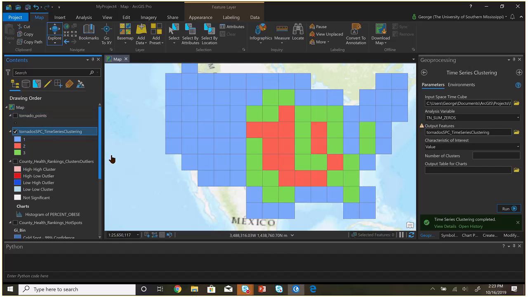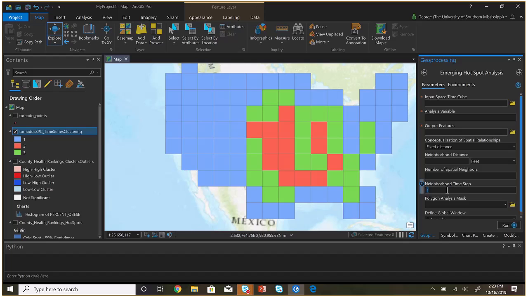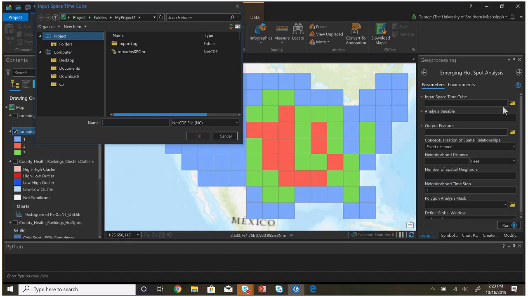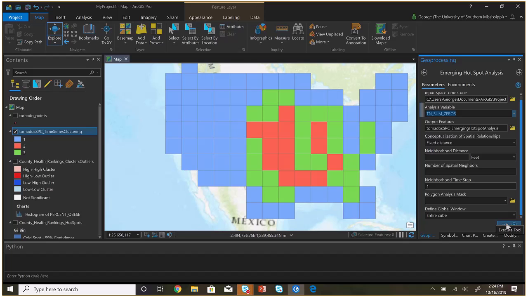All right. So those are clustering through time. Not exactly sure. 200 miles. Yeah, I should have done something smaller, right? Maybe. Here's emerging hotspot analysis. This will probably be a little bit more interesting. Analysis variable, sum of tornadoes. I just didn't want it to take forever to run.